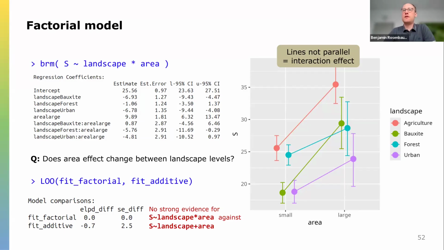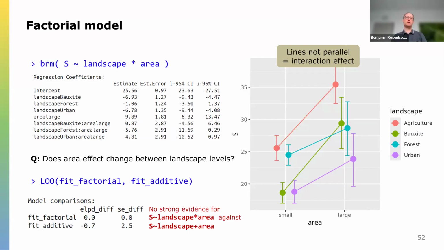So you see here the lines are not parallel, so the fitted model suggests that there is some difference in the area effect. However, if you do a formal model comparison, you see that maybe the effect is not strong enough to actually support this more complex model. So here this full factorial is slightly better than the additive model.